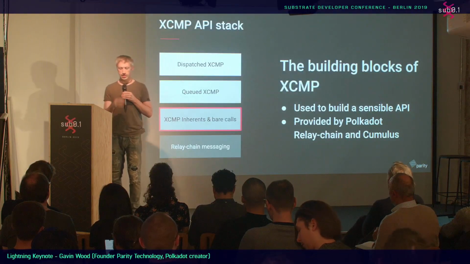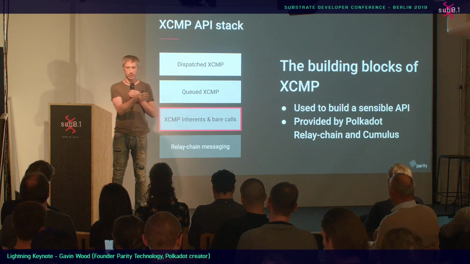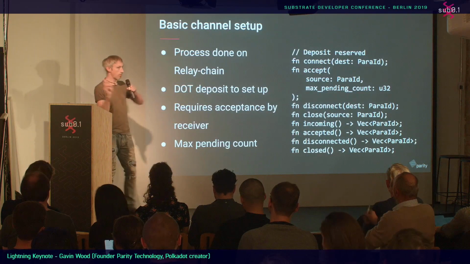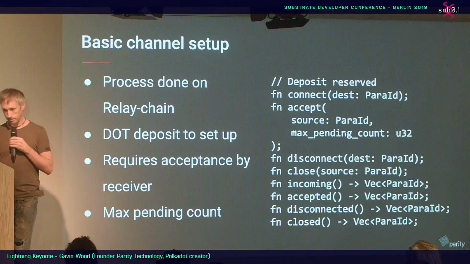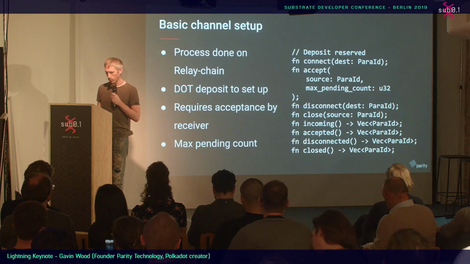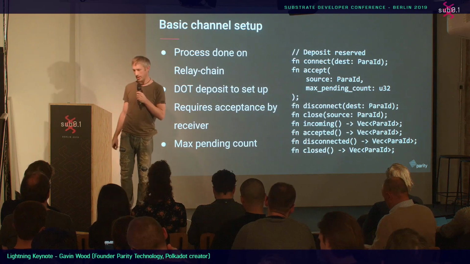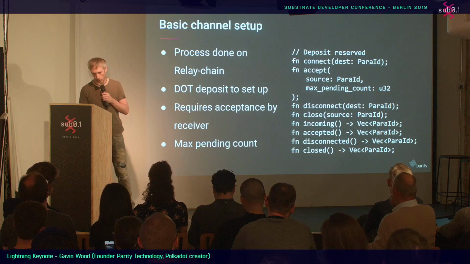You can choose whether it's an account origin, an account ID, one specific to your parachain, or a special parachain origin. And these will probably work with the special parachain origin. As I say, there's a bunch of TCP/IP-looking functions that you can call on the relay chain from a parachain.